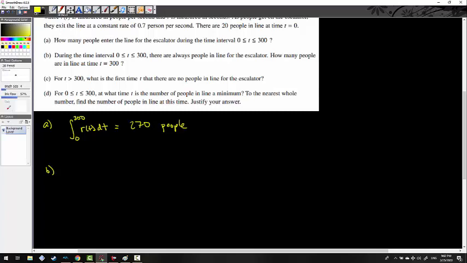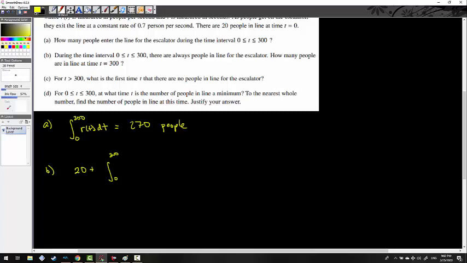So what does that look like? Well, 20 is how many people we began with. They told me that in the problem. And I'm going to add that to an integral from 0 to 300 because they want me to find out how many people are in line at time equals 300.